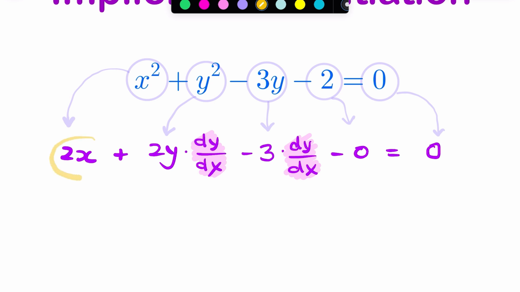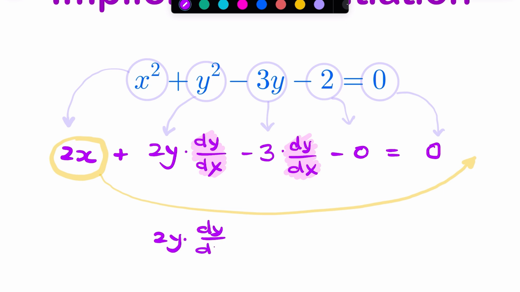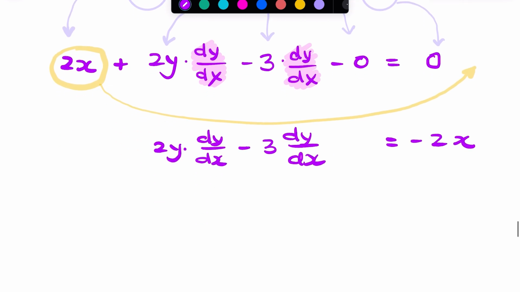And that something else will be everything that doesn't contain dy by dx, in this case, the 2x. So we're going to have 2y times dy by dx minus 3 times dy by dx equals negative 2x.